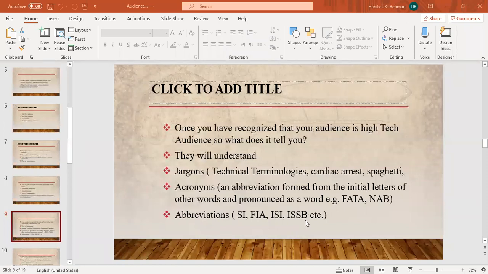So these abbreviations and acronyms we can use in our writing when we are communicating with experts or a high-tech audience, because they are experts and they know every terminology and technical term.